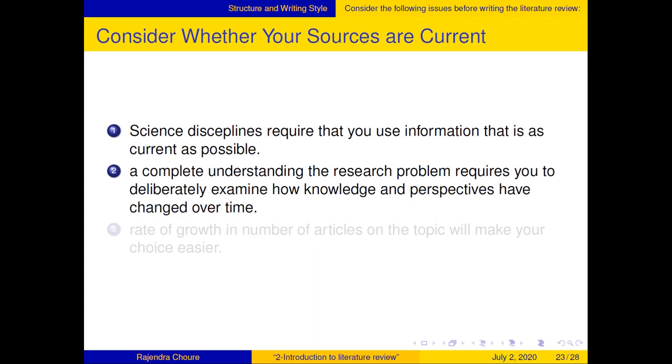You will understand what your actual topic is. Therefore, many times you may have to visit old work, and that old work will bring you to progressively more recent work, and in your literature review the most recent work should be there. Then the rate of growth and number of articles on the topic will make your choice easier, and that is made very easy by PubMed.